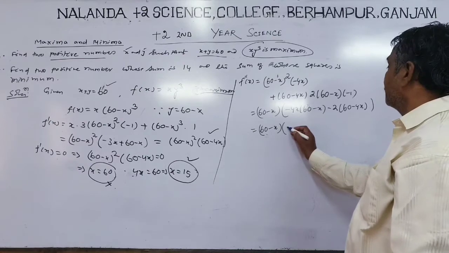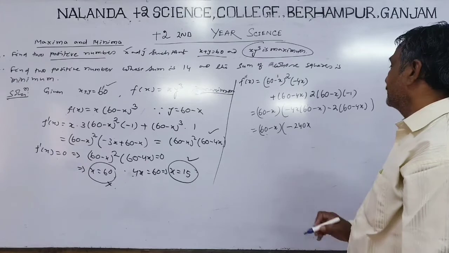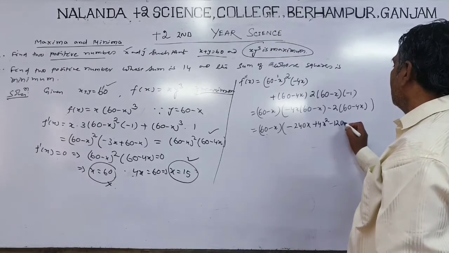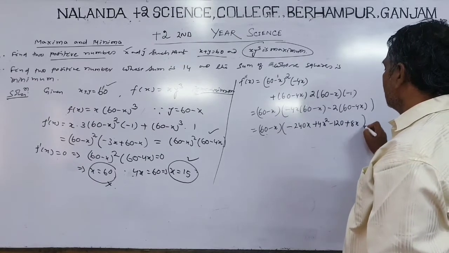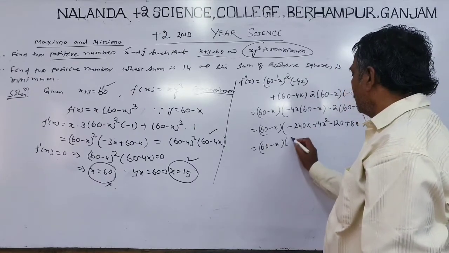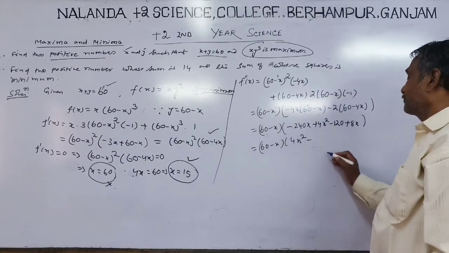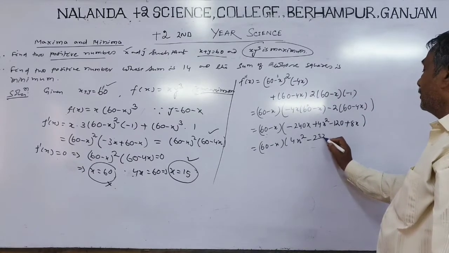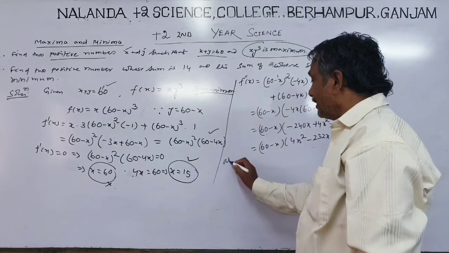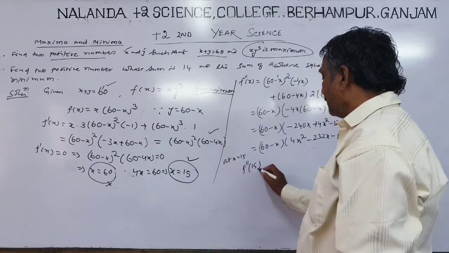Here minus 240x plus 4x square minus 120 plus 8x, over 60 minus x. So 4x square minus 232x minus 120. Okay.